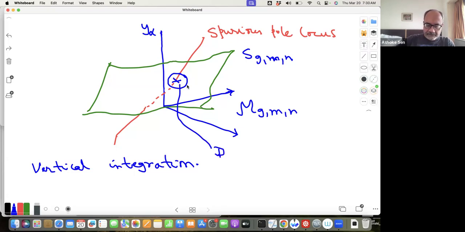Need not be parallel to this, in the sense that different points on this have different y alpha values, because the surface itself may be slanted. It's not necessary that the surface is parallel. So y alpha can vary on SGMN.